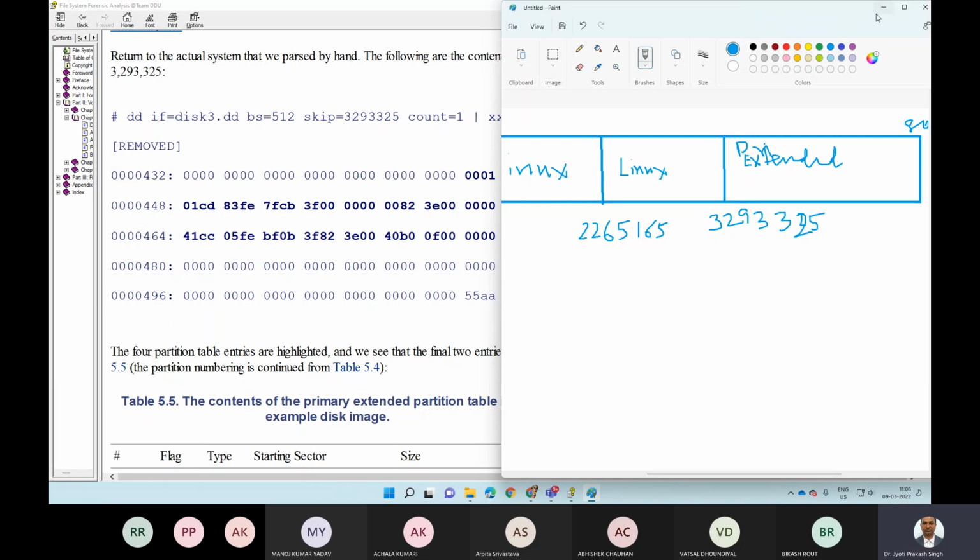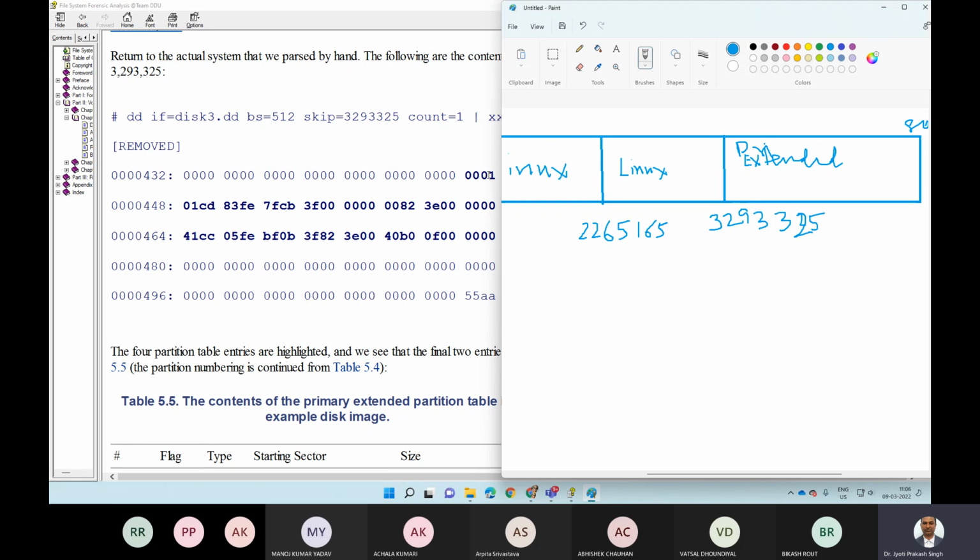So we are skipping this and the command is the same. Now if you go ahead with that, you get something like this. Again, if you start at byte 446, the 446th entry is 00. That means the next partition is not a bootable one. That's for sure. Normally in an extended partition we hardly have bootable ones.